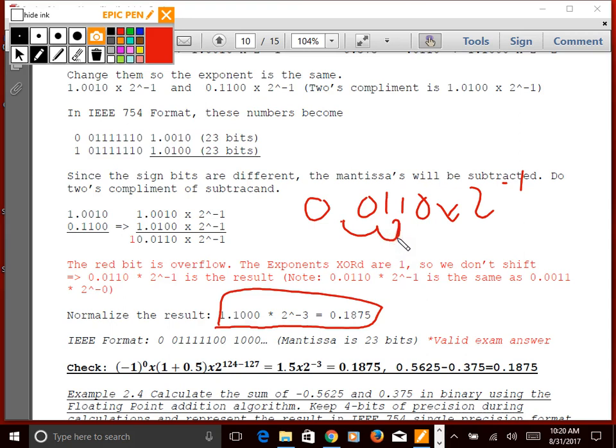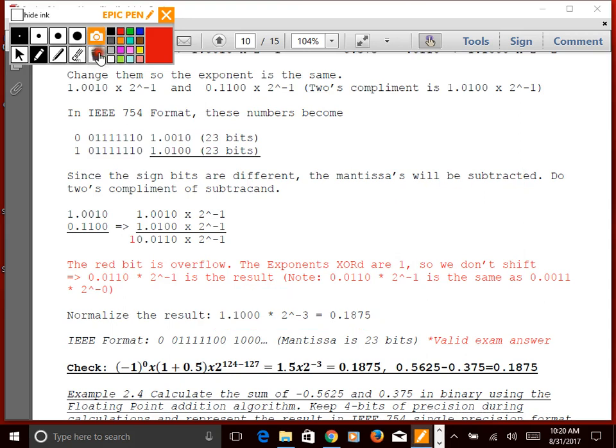Now that we've found the first one, we can put it into the IEEE 754 format. Since 2 to the negative 3 is the result of E minus 127, E is going to be 124.